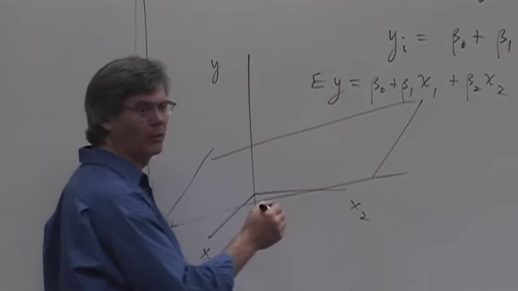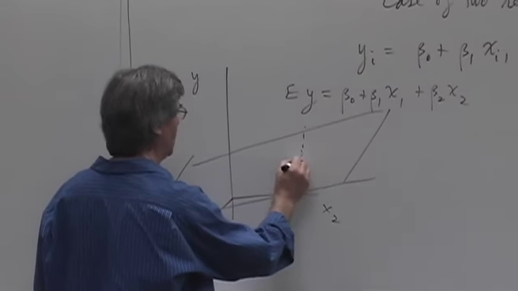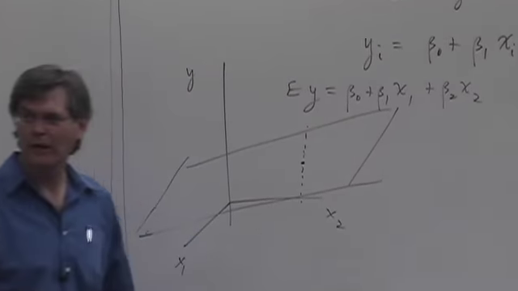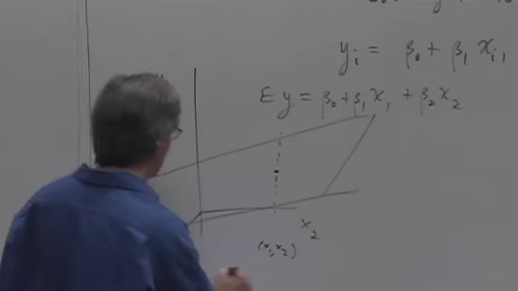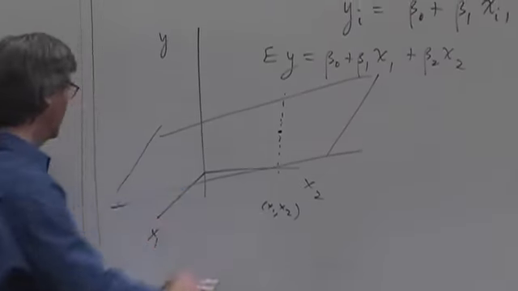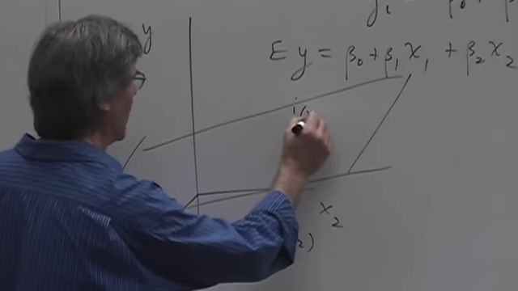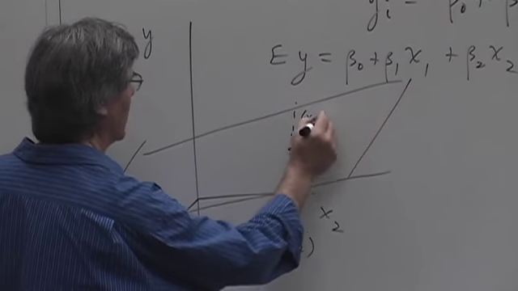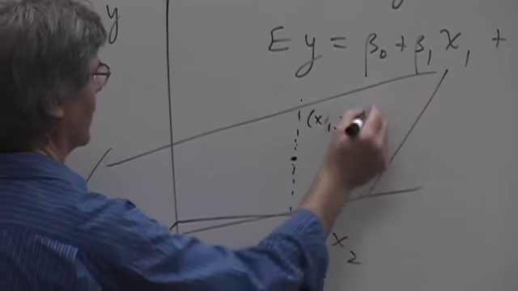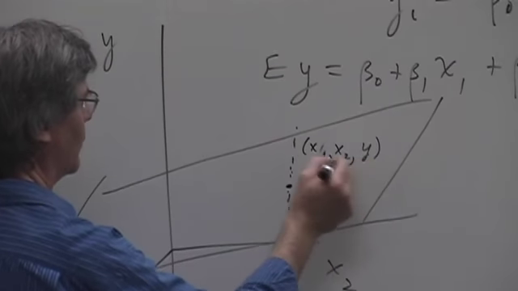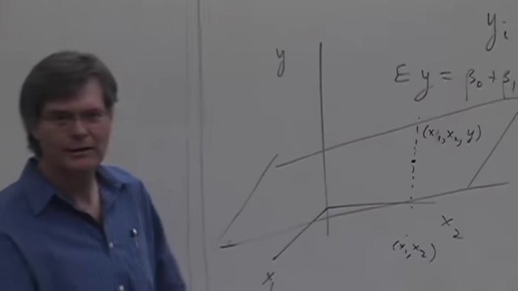It would fall above and below. So you'd have data here, and the mean of the data would fall on the plane. This is the point x1, x2 down in the x1, x2 plane, and here is the point x1, x2, y, where the x1, x2 values are being repeated.